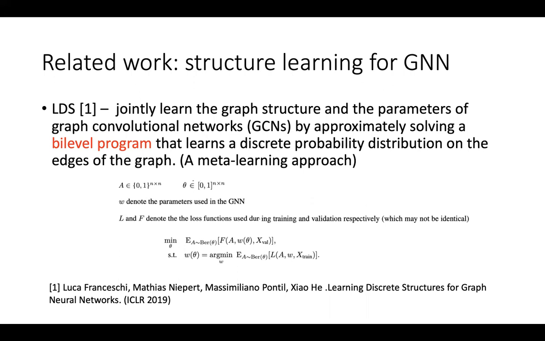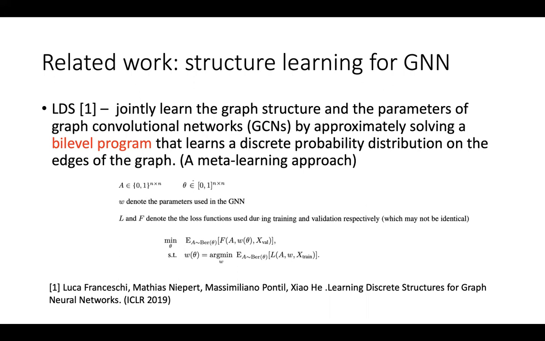Note that in the original paper, such structure learning is on a static graph, and the problem setting is that it wants to do the usual node classification task on the full graph on some graph dataset benchmarks.